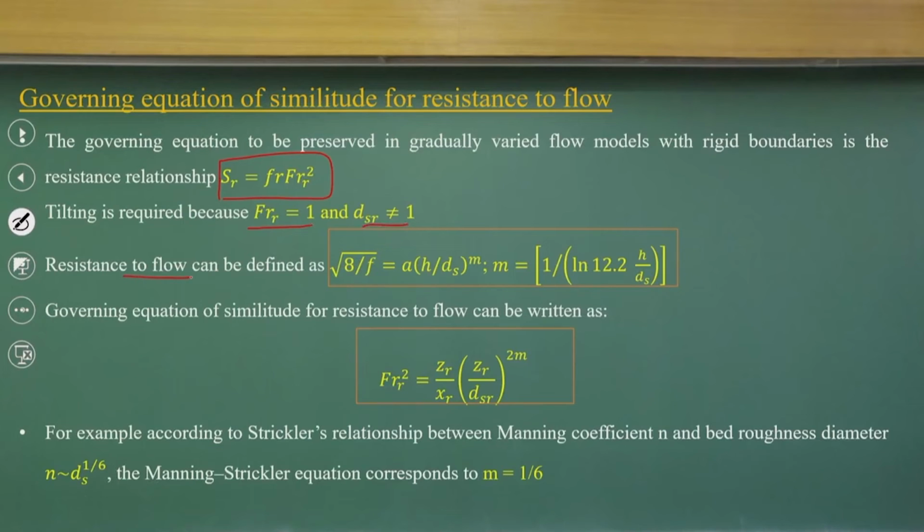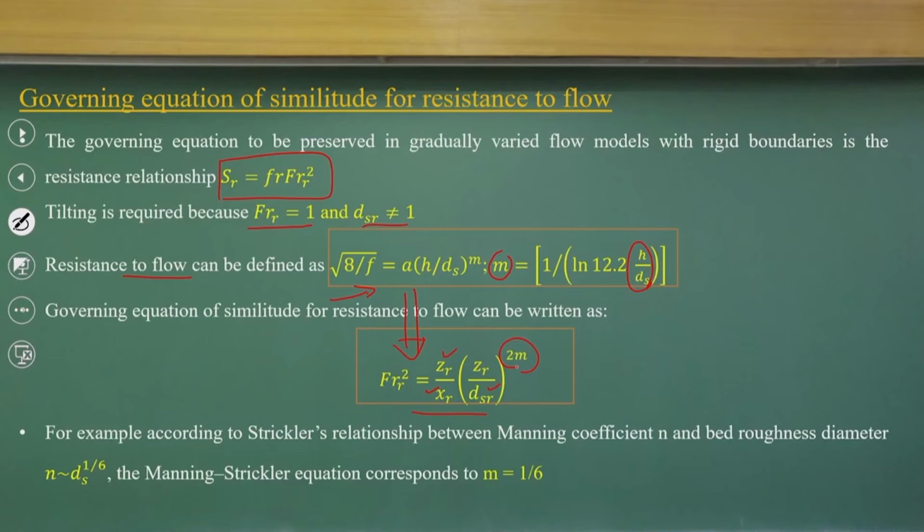From the resistance to flow, which is the Darcy-Weisbach formula, we can establish that f is a function of h by ds, the submergence ratio. If you put it in that equation, you will get the flow Froude ratio as a function of ZR, XR and dxr and an exponent of 2m.